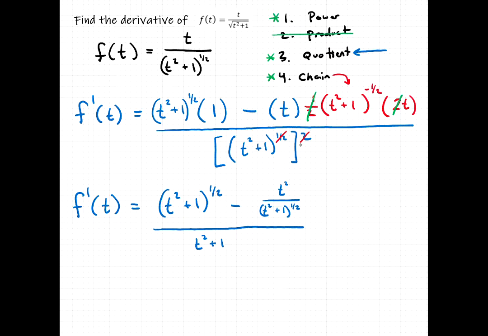All right, so let's combine these two terms in the numerator. Let's multiply this first term by t squared plus 1 to the 1/2 over t squared plus 1 to the 1/2. So now we have a common denominator.